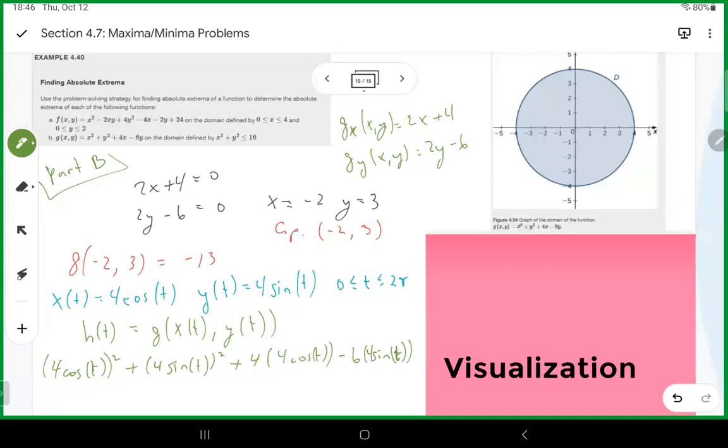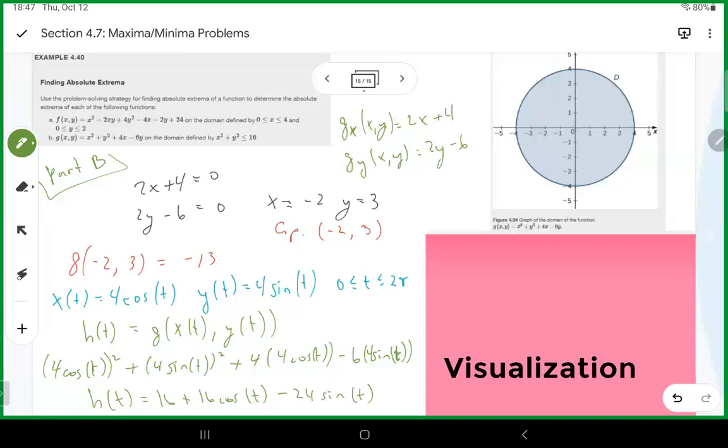Okay, so I'm not going to do the in-between step because I just want to be able to squeeze this part on. So h of t ends up being 16 plus 16 cosine t minus 24 sine t.